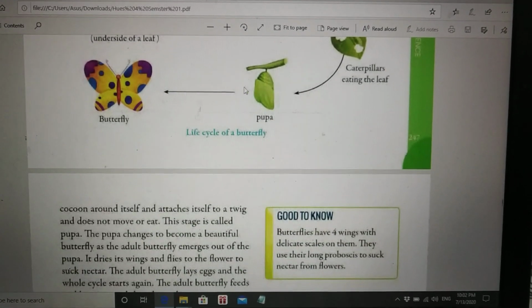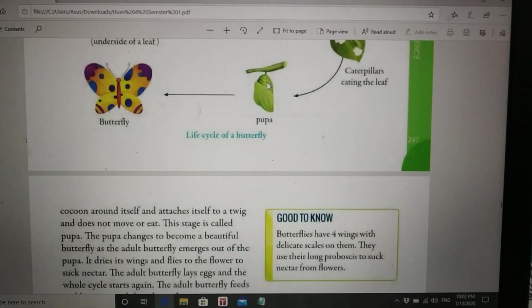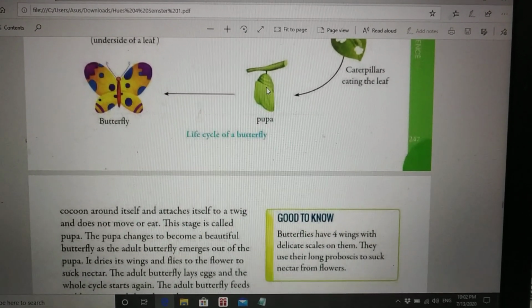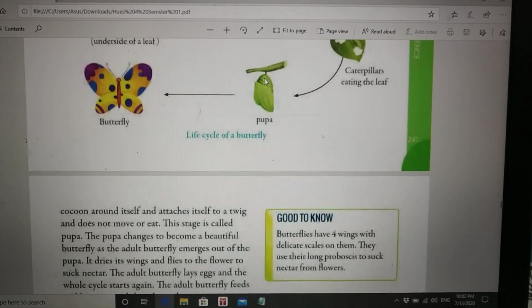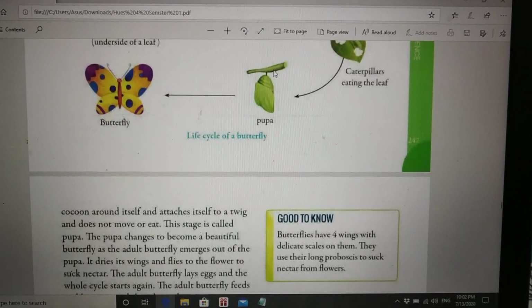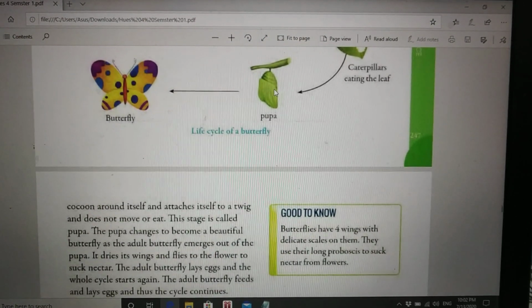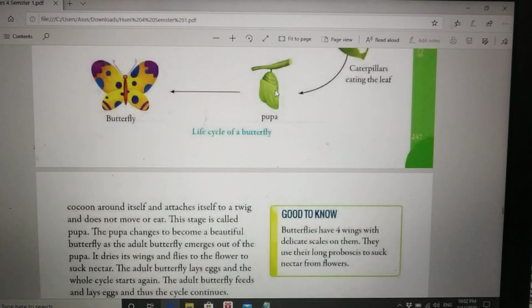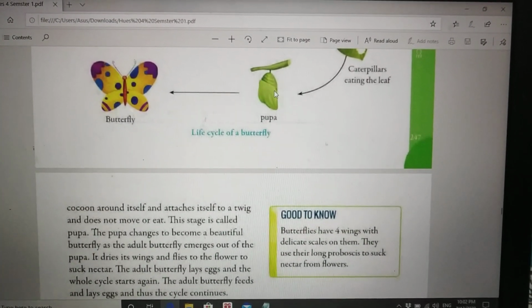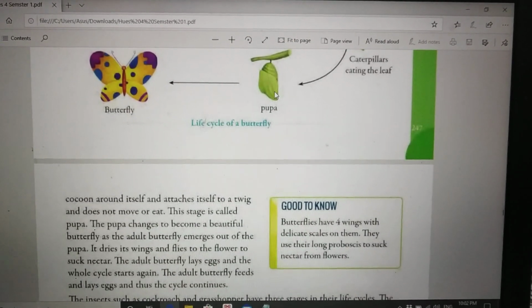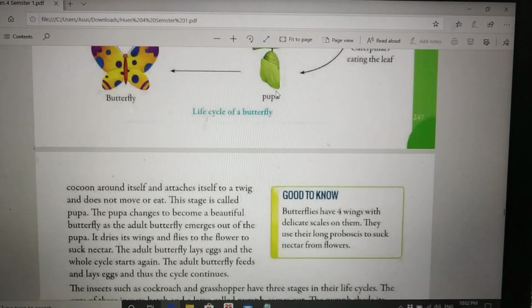In this way, you can see here it is attaching. It's the cocoon which they prepare and attach to a twig of a plant. And that stage is called pupa, and the pupa changes into a beautiful butterfly as it grows adult.